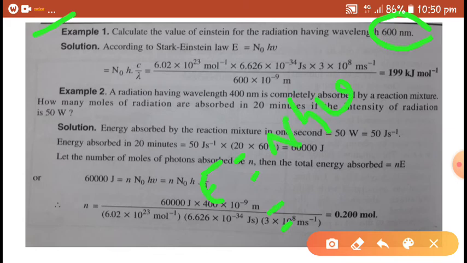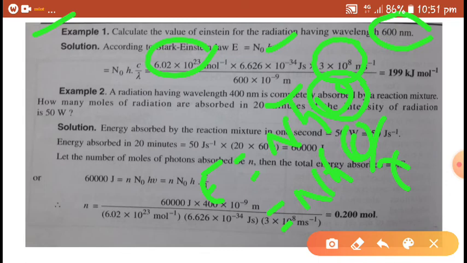N means 6.023 into 10 to the power of 23 per mole, molecules. h is Planck's constant, 6.625 into 10 to the power of minus 34 joule second, and nu is equal to c by lambda. C means velocity of light, that is 3 into 10 to the power of 8 meters per second, by lambda.